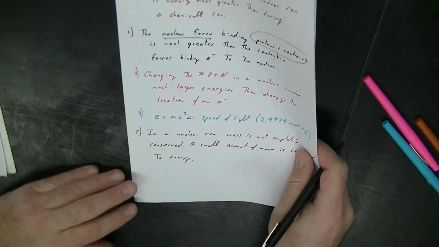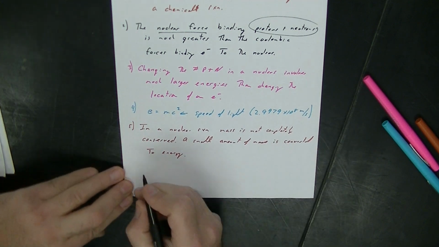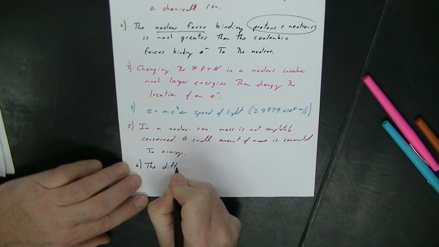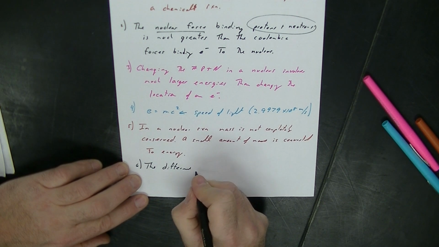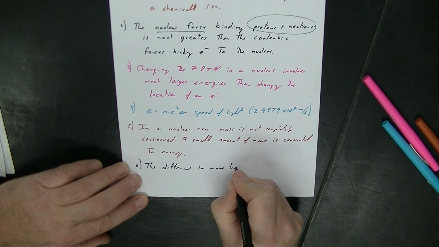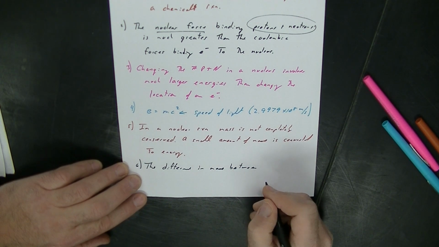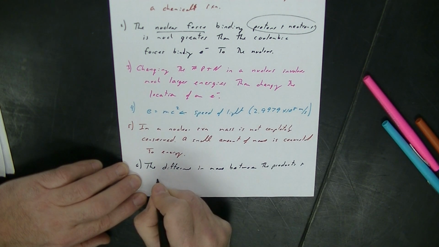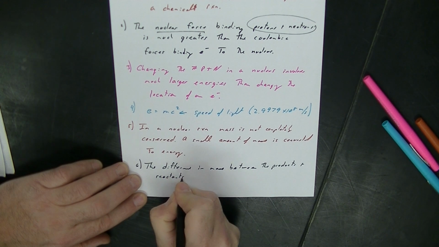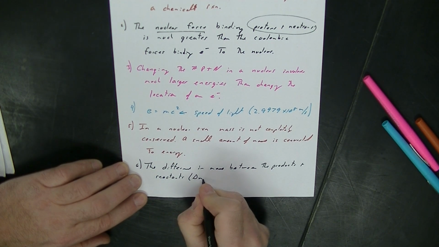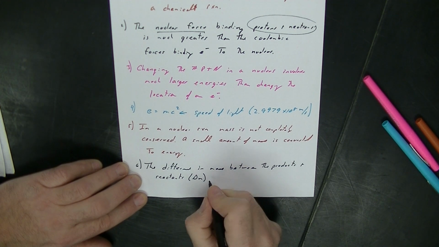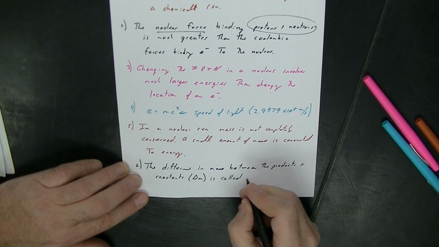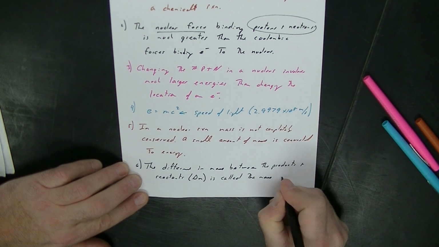Well, you have to figure out how much mass is lost. The difference in mass between the products and reactants, which is the change in mass, delta M, is called mass defect.